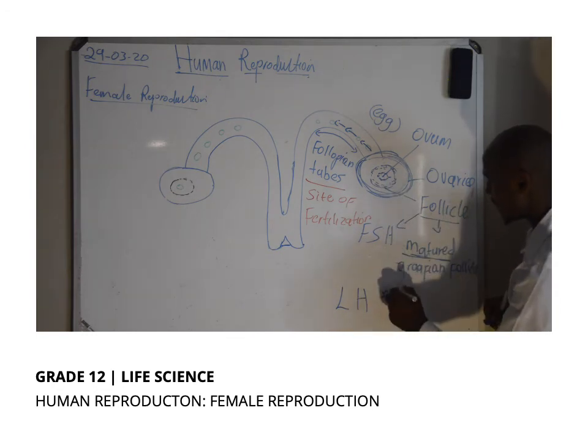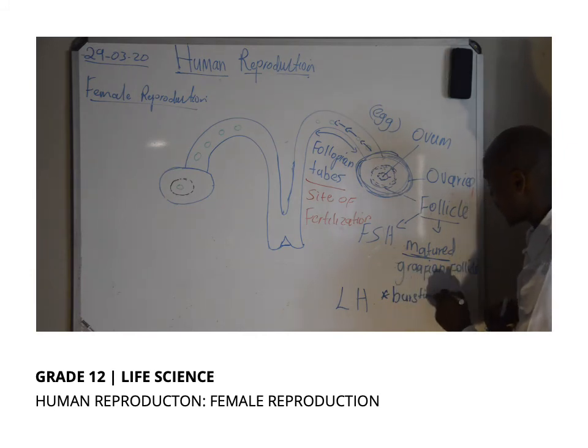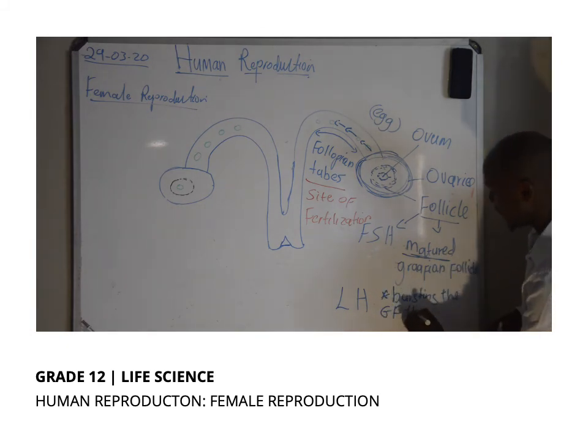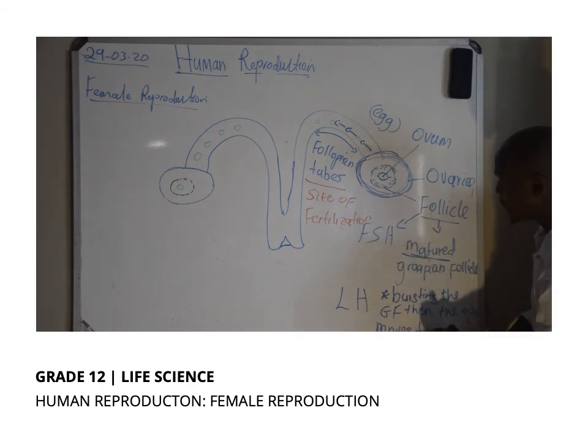For bursting the Graafian follicle. I'll just say GF, which is Graafian follicle. Then the egg moves up to what? To the, I'll say FT, to the fallopian tubes.